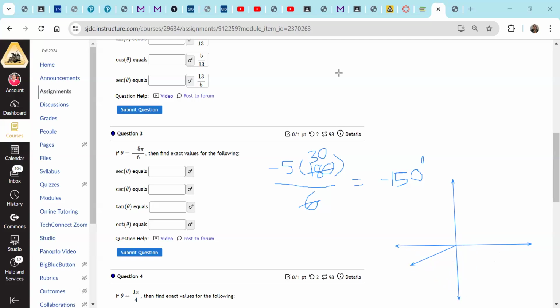So I am going to mark this angle right here as negative 150. If that is negative 150, that means this angle from here is 30 degrees down this way. And it would be same as 30 degrees in the first quadrant.